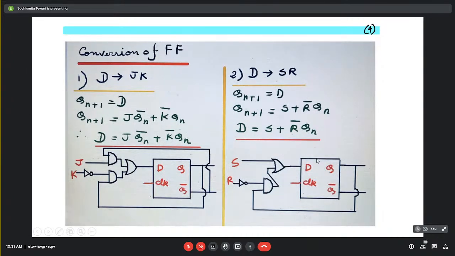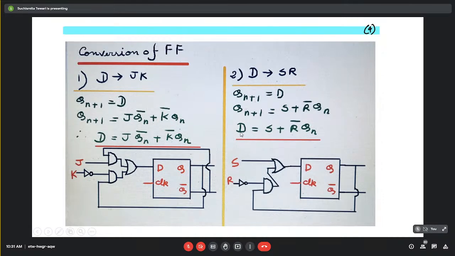Similarly, if the D flip-flop is converted into an SR one, the same logic will be applied. The output of the SR flip-flop and the output of this D flip-flop should be equated. That should be equal to each other.